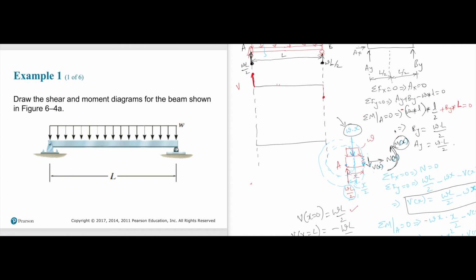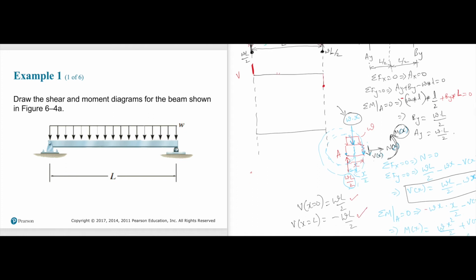This is WL over 2 here. And at x equal to L, we have negative WL over 2. So from positive WL over 2 to negative WL over 2, it should be a straight line, right? Because it's a line equation. So that's how the shear force would be.